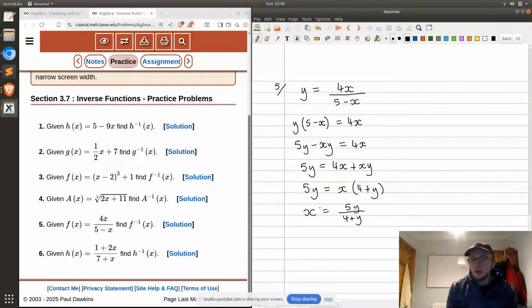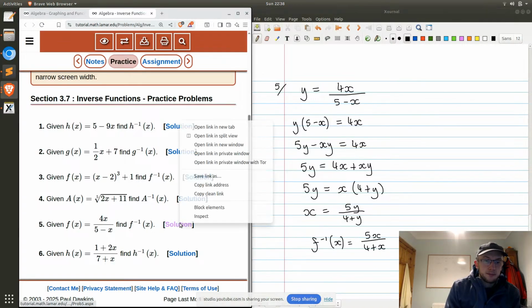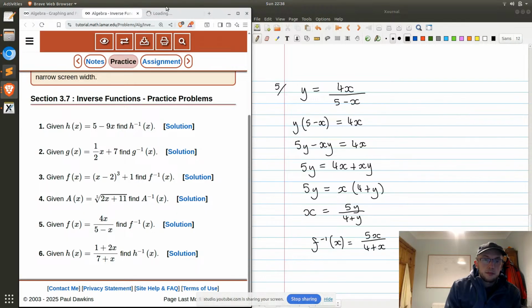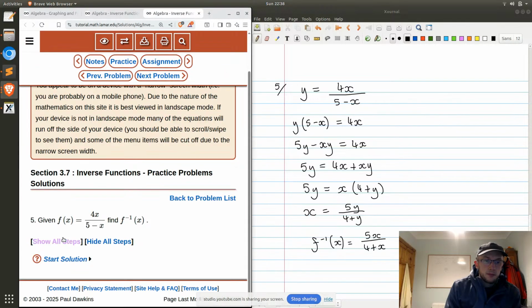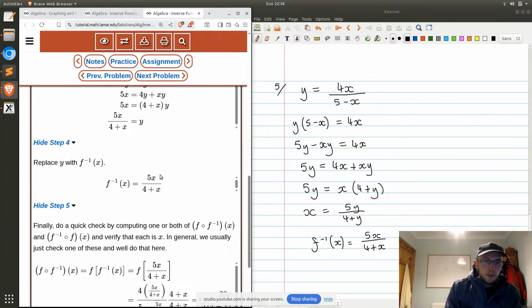I just swapped around the sides as well because it's what I'm used to. So that's it. That's how you get inverse f of x. So now just replace y with x. Just like that. And we will see. And we see that it's good.